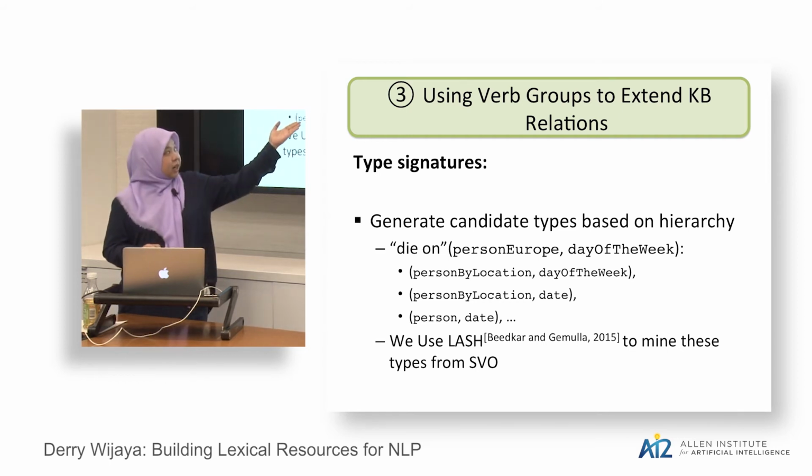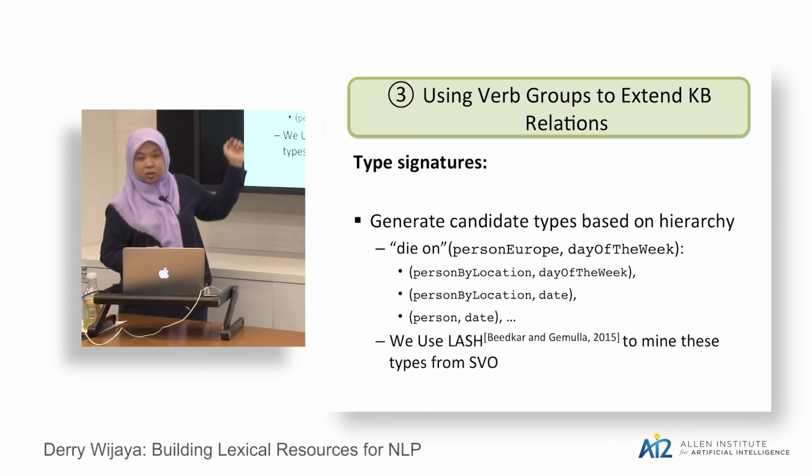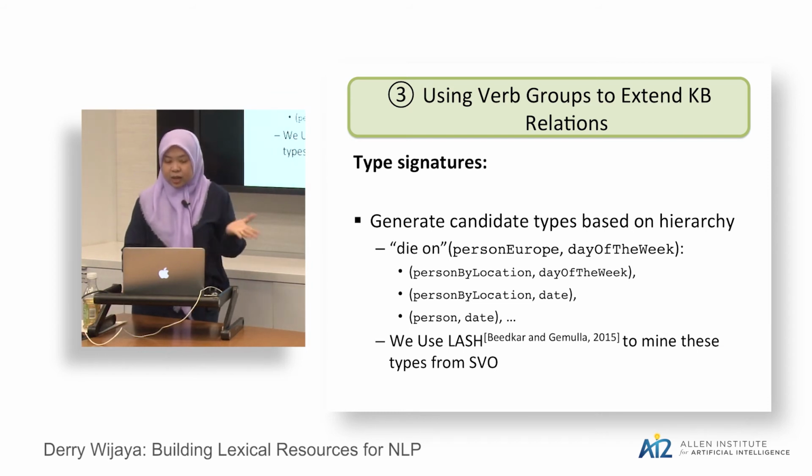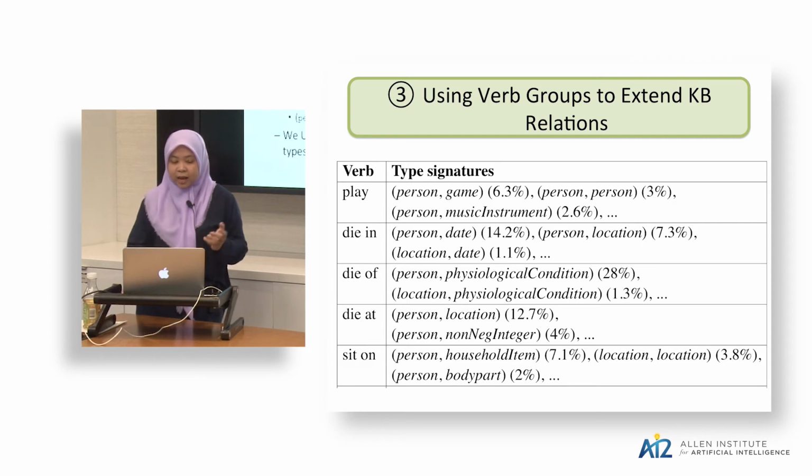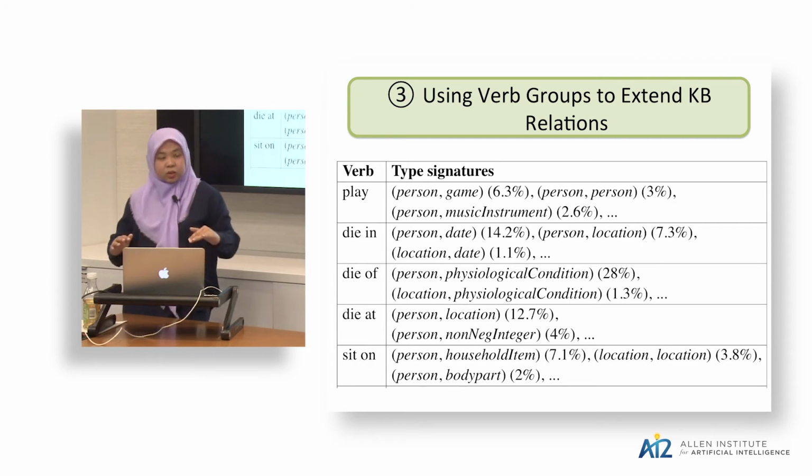Then we generate all the possible type signatures for a particular verb. We also count the frequency and compute the selectional preference of the verb, which is how high the association is between a verb and a particular type signature. And we rank them and threshold them.